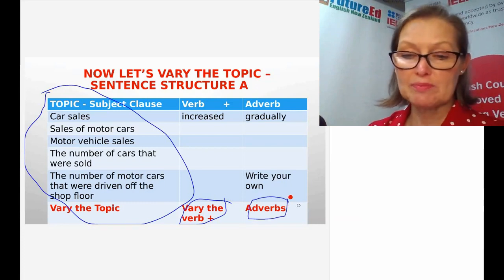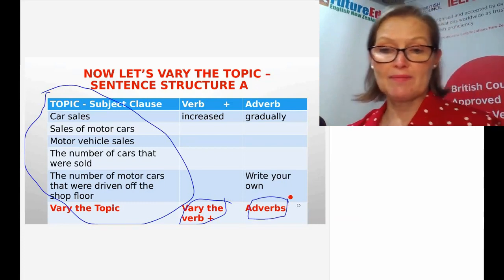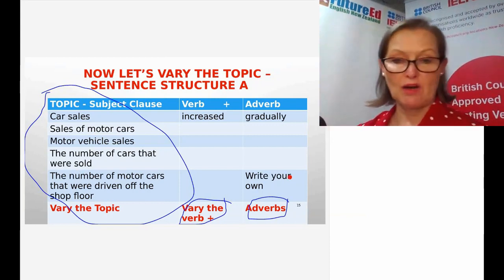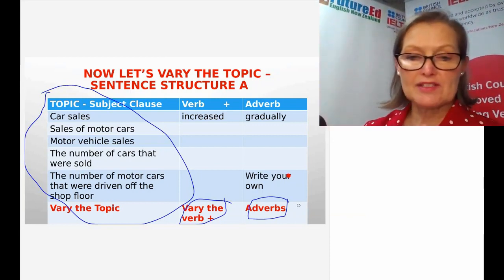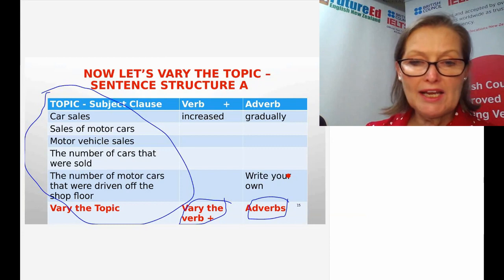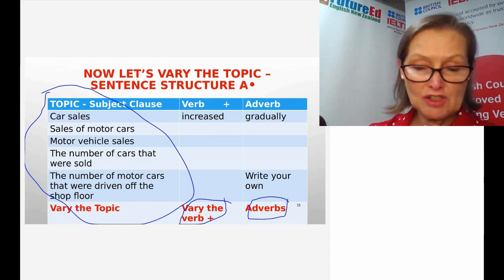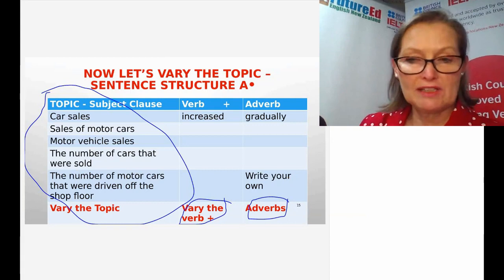And then, of course, we need to select appropriate adverbs for how much my graph is changing. So that's a quick look at my topic or my subject clause in my verb plus adverb structure, sentence structure number A. I'll just give you a minute to make a note of that.